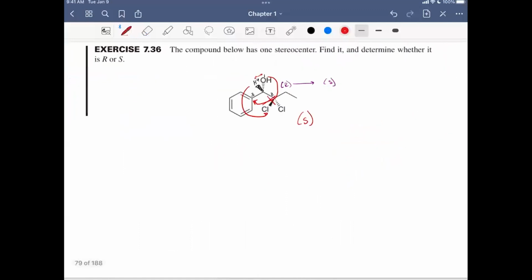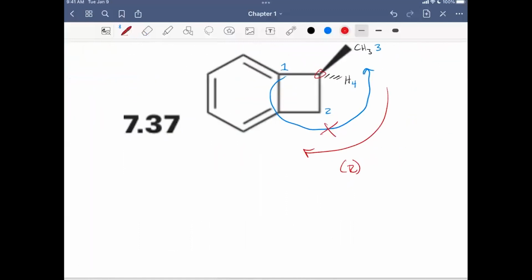Again, R versus S, the biggest part of it is just whether or not you have that fourth priority on a wedge or a dash. And I'm sorry, this is actually an S configuration because that fourth priority is on a dash. So I'm mistaken there. So this is actually an S configuration. I thought it was on a dash for some reason.